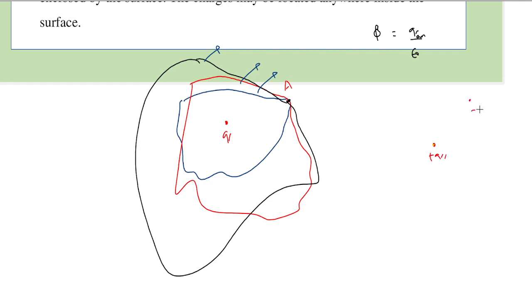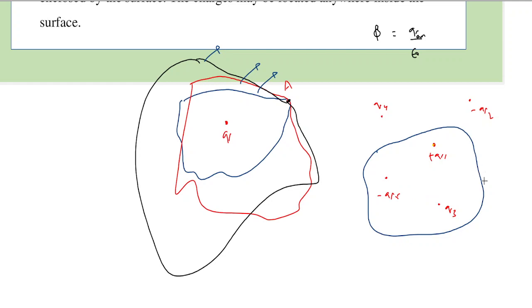Somewhere here we have charge minus Q2, and somewhere here a charge plus Q3, a charge plus Q4, and a charge minus Q5. Suppose in this case we draw a Gaussian surface like this. Now this surface is containing only three charges, which is plus Q1, plus Q3, and minus Q5.